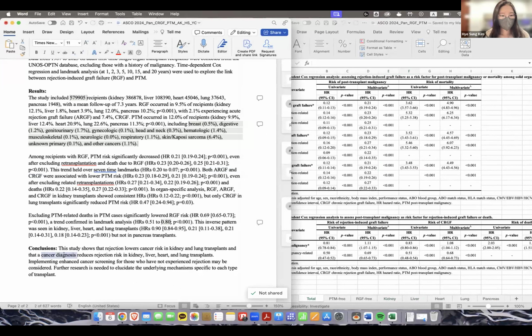Do you think it's more correct to say... I was debating if I should just put RGF, rejection, graft failure, but I wanted to avoid saying rejection is good. Yeah, saying rejection is good, okay.